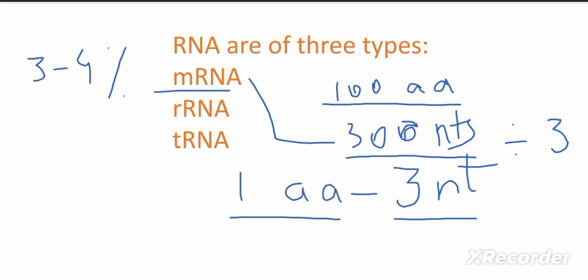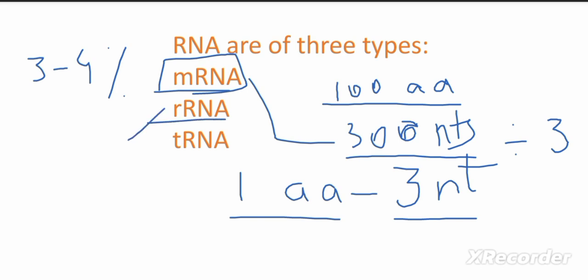And we know that mRNA is transcribed from DNA, so the base sequence of mRNA would be according to the base sequence of DNA. Then messenger RNA attaches to the ribosome, and amino acids attach one by one to form a polypeptide chain, and this is how a protein would be formed according to the base sequence of messenger RNA.